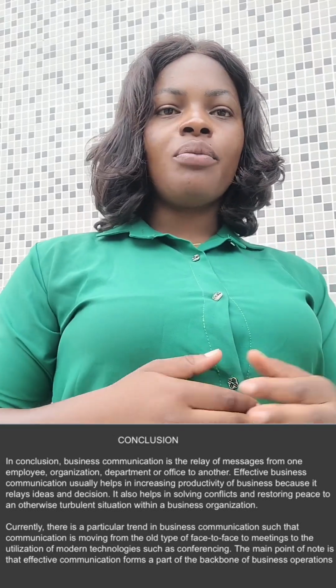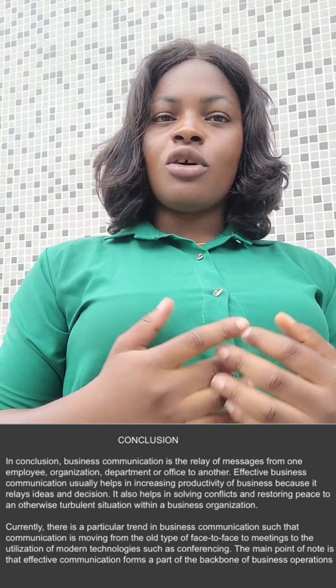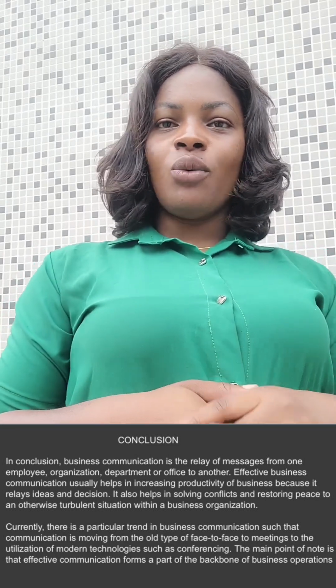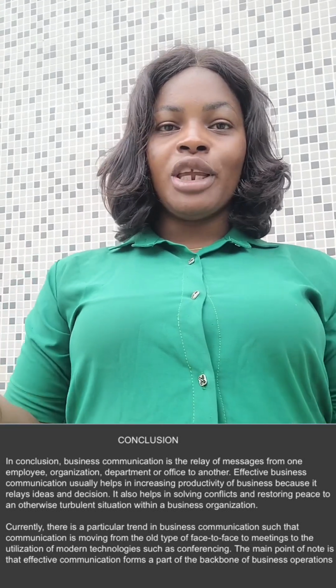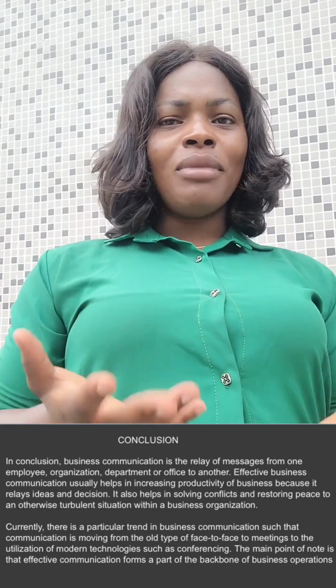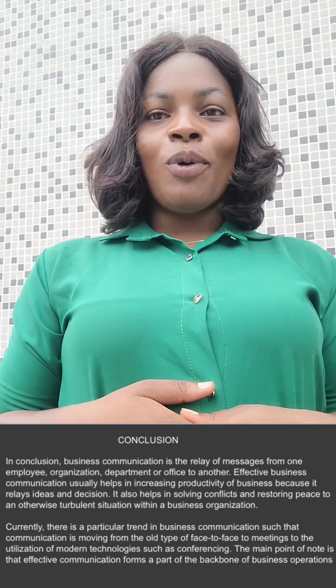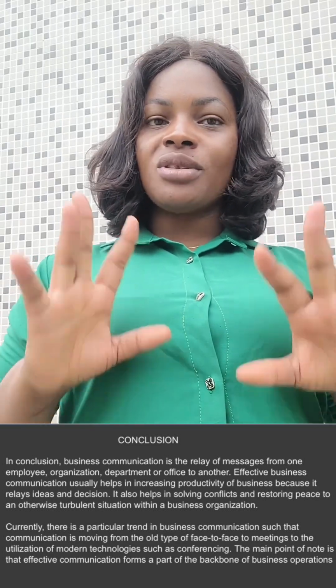Now, the purpose of business communication. Business communication is the process of sharing information between people within the workplace and outside a company. Effective business communication is how employees and management interact to reach organizational goals. Its purpose is to improve organizational practices and reduce errors.